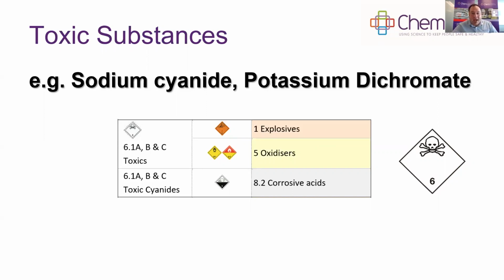Okay, and furthermore, if we get specific about our toxic substances and we talk about our toxic cyanides, they have the same incompatibilities that have already been mentioned, so incompatible with class 1 and 5s, but are also incompatible with class 8.2 corrosive acids.